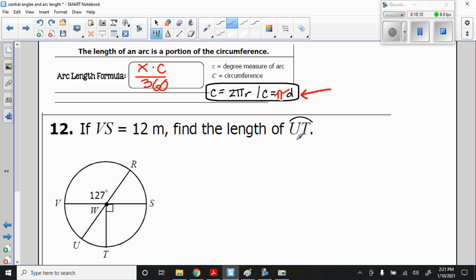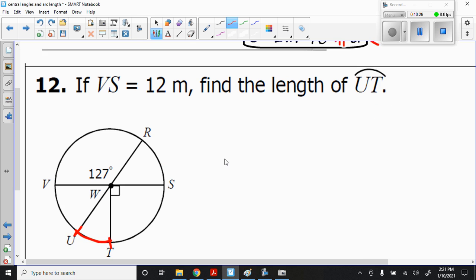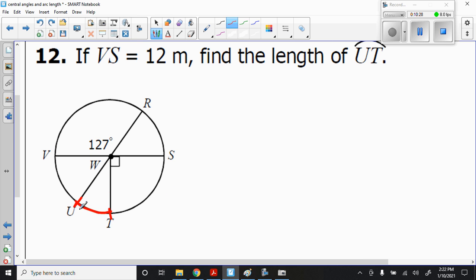First, I got to recognize UT, the arc UT. So all I'm going to do is find this little piece, but first I have to find the measure of that. All right, so I'm going to zoom in here. I'm going to start finding some numbers until I'm satisfied that I found what the measure of this arc is.